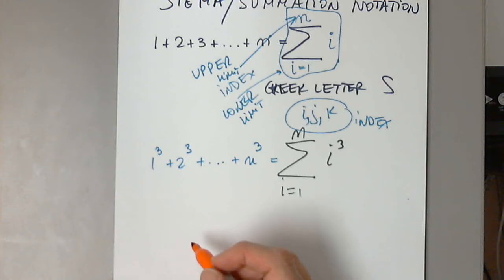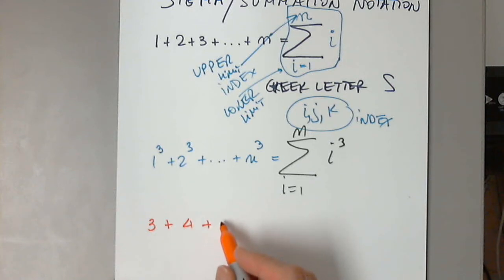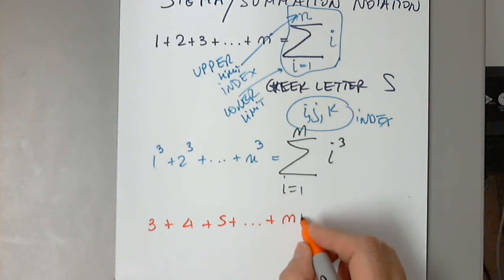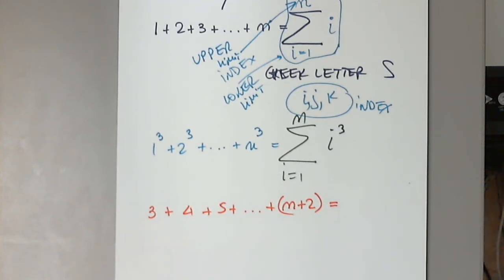Ready? 3 plus 4 plus 5 plus dot, dot, dot plus N plus 2. Yes, the sigma, very good.